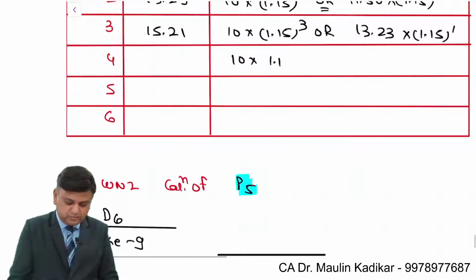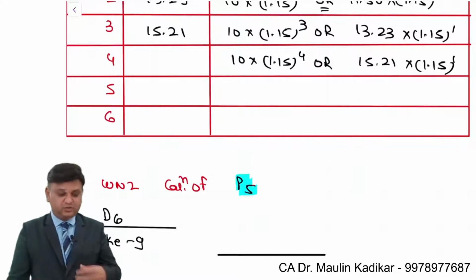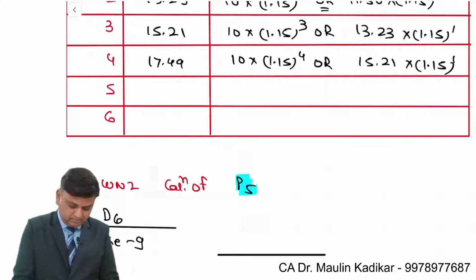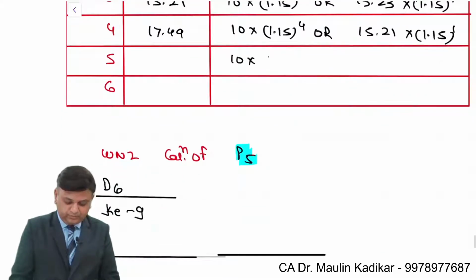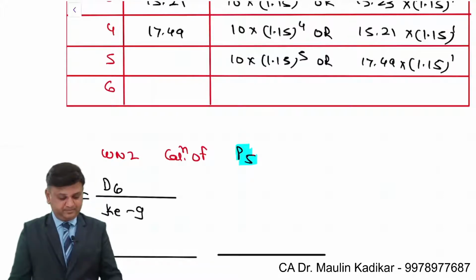Then it is 10 into 1.15 raised to 4, or it is 15.21 into 1.15 raised to 1. So it is 17.49. 10 into 1.15 raised to 5, or 17.49 into 1.15 raised to 1. So it is 20 rupees 11 paise.